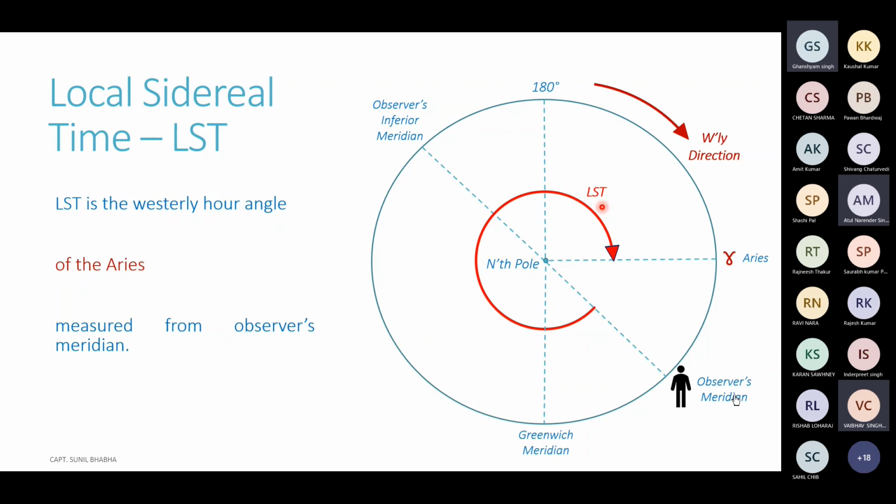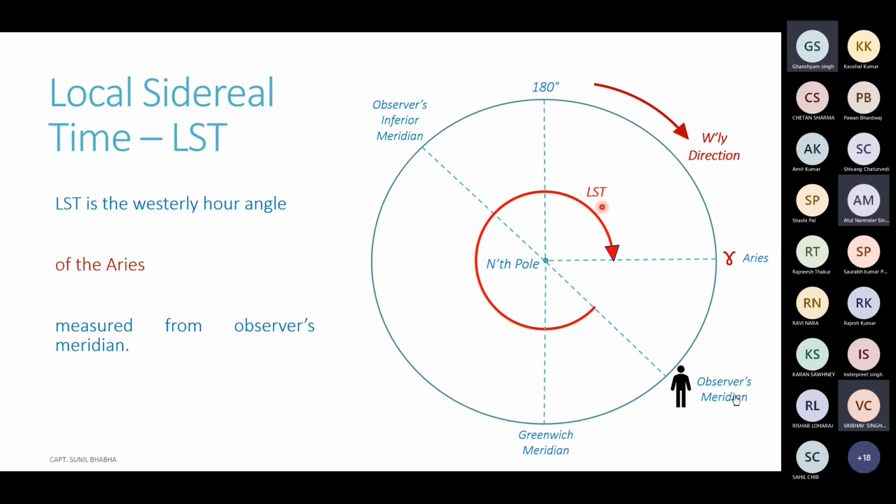Now this can be represented in angular units as well as in units of time. In angular units, it is represented in degrees. To convert it into units of time, 360 degrees is equal to 24 hours, which gives us a factor of 15.